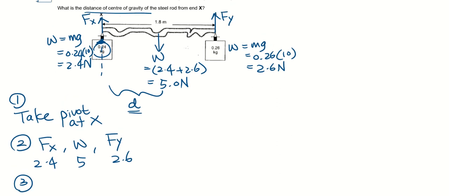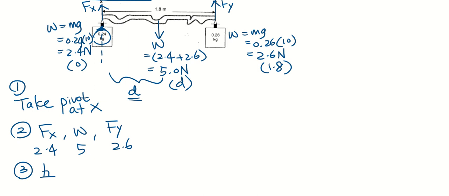Because the pivot is at X, the perpendicular distance of the line of action of Fx is 0. So I put a bracket 0 here. For weight, it is D. For Fy, it is the entire length of the rod, so it's 1.8. So step 3 is finding perpendicular distance.